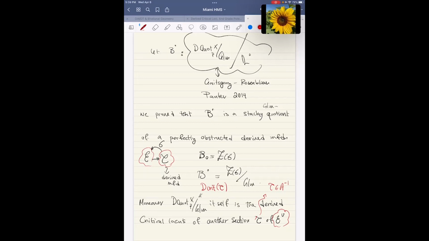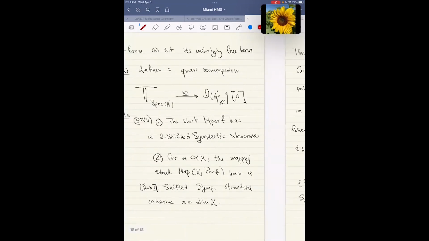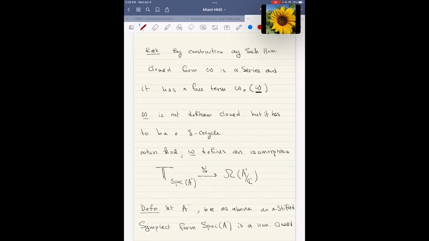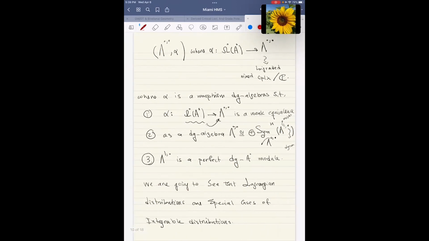Can you go back to the definition of integrable distributions? The condition one, I don't understand. Oh, this one. Condition one is that it's a quasi-equivalence.